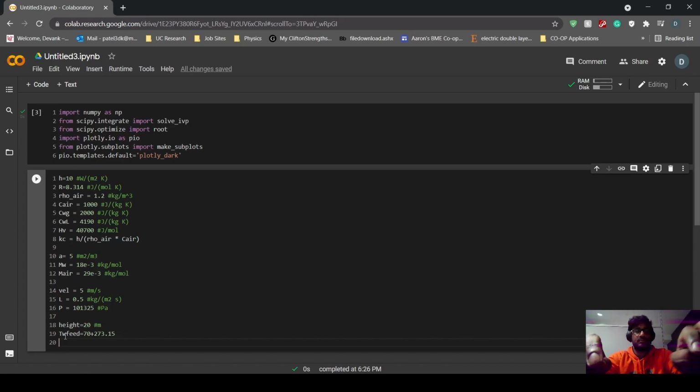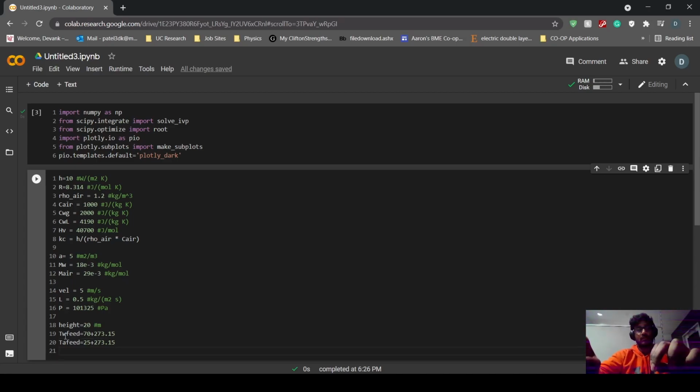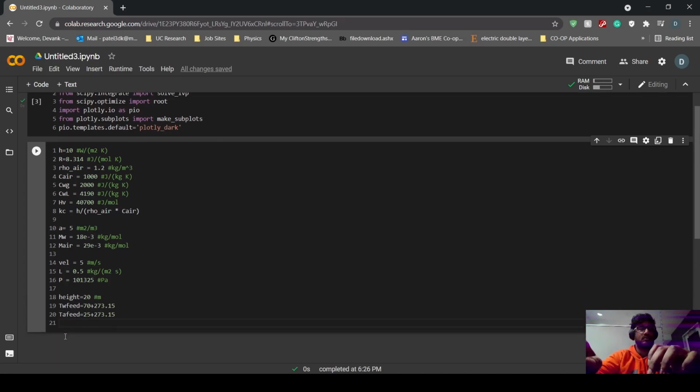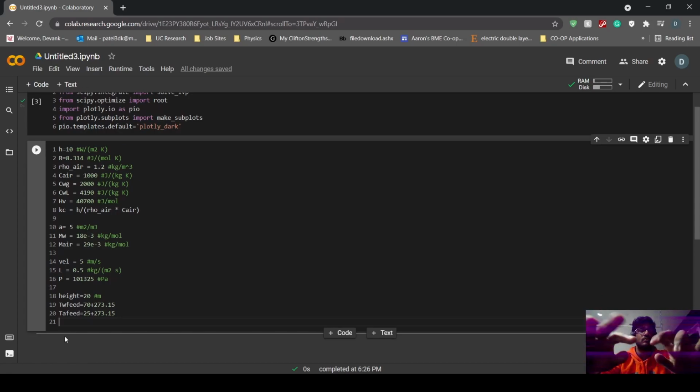And then the temperature of the air feed is going to be equal to 25, again given to us, and then we want to add 273.15 to keep the units consistent. And then this is going to be useful later on, but for plotting purposes, we want to make sure that all the points are equally spread.